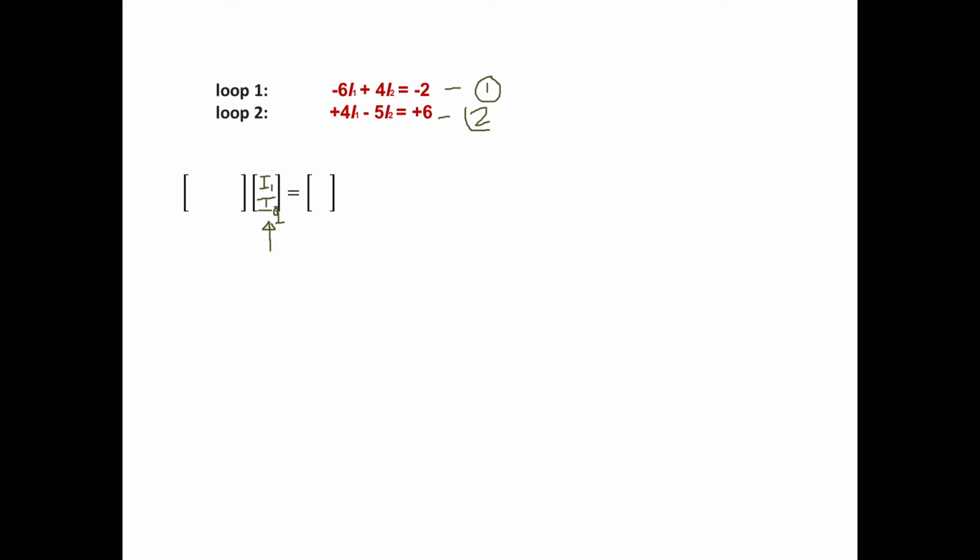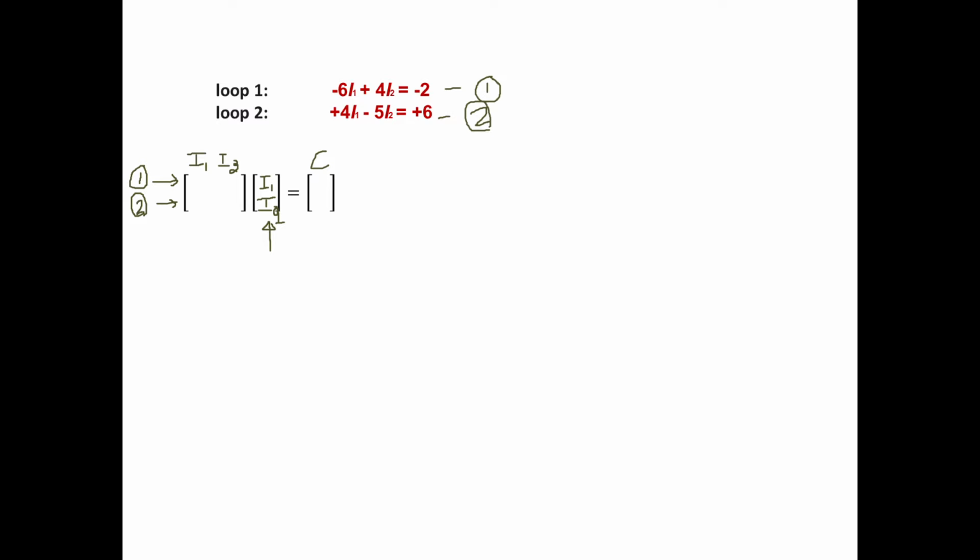The first row corresponds to equation 1. The second row corresponds to equation 2. Anyway, if you watch the video linked in the slide, you will understand this technique; I have already explained it. The first column corresponds to I1. The second column corresponds to I2. The column to the right of the equal to sign corresponds to the constant.